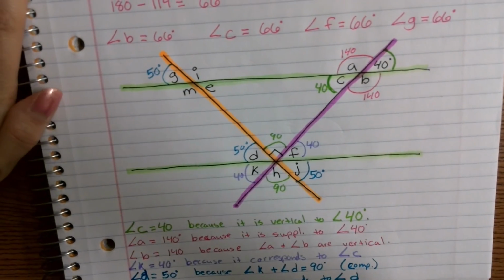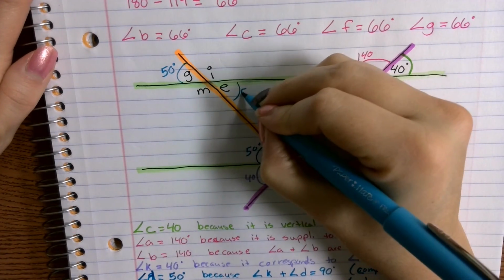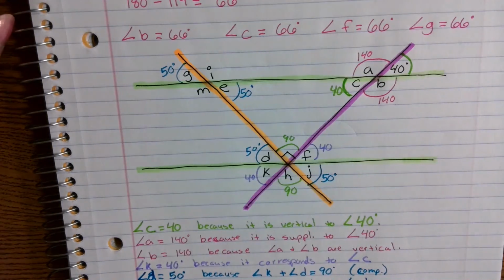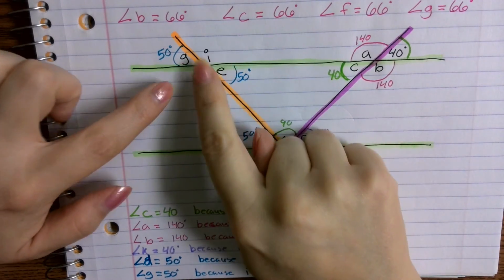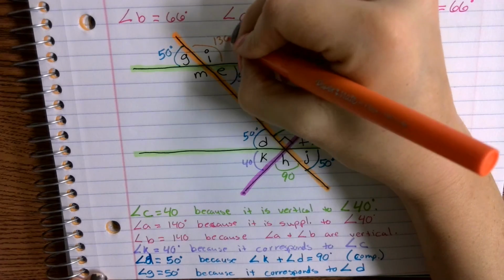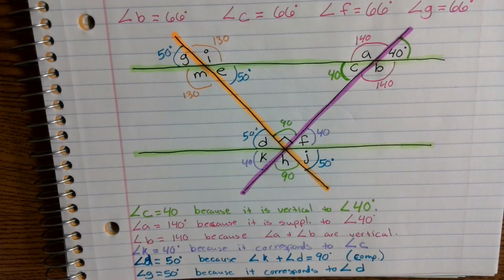If angle G is 50, what's angle E? 50. And if those angles are 50, what does it make the other two angles? 130. Very good, because you just subtract 180 minus 50, you get 130. So at first glance, it looks like it's going to be difficult, but all it is is piecing each part together as a puzzle.